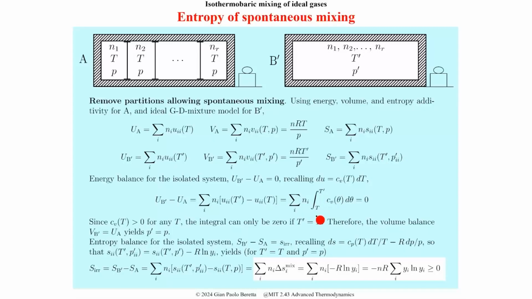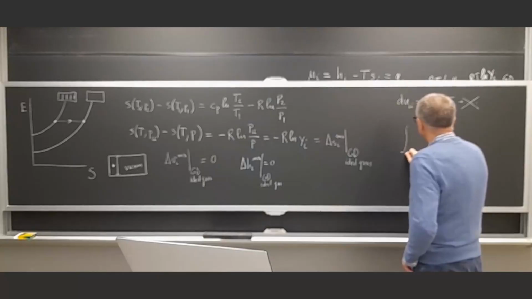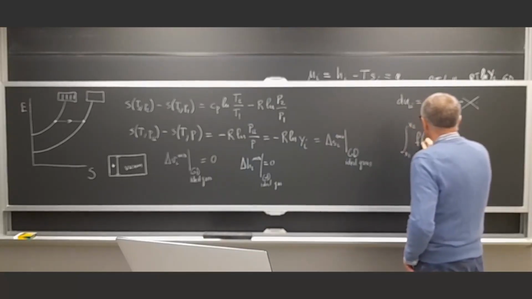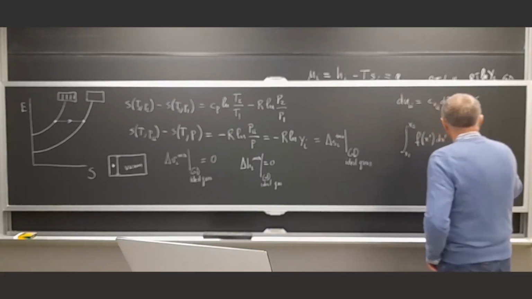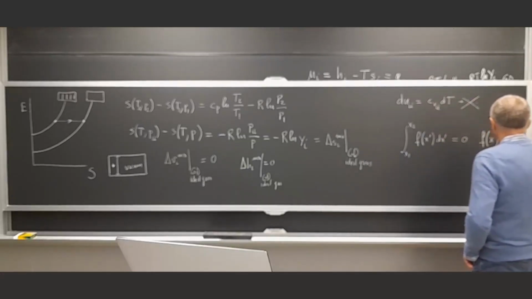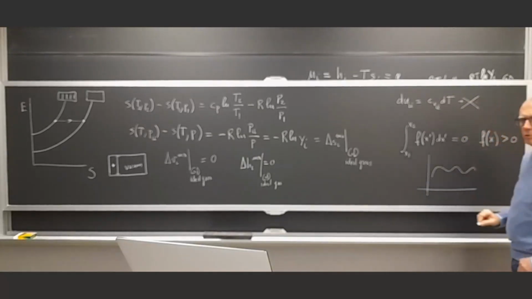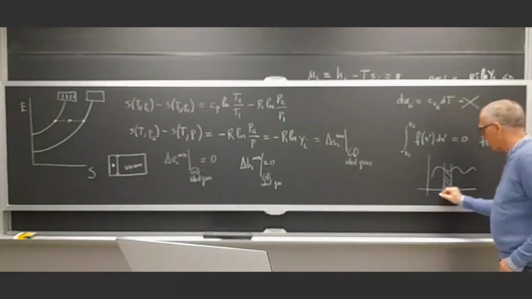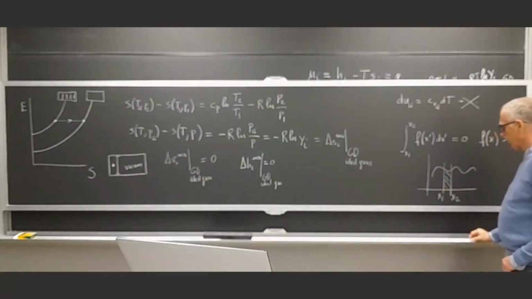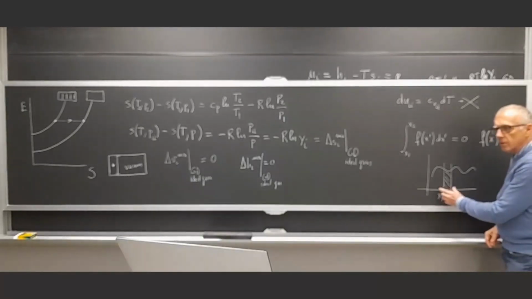So you can view this as an integral from, say, x1 to x2 of a function that has to be equal to 0, while this function is positive. So here's a positive function, and the integral is equal to this area, from x1 to x2. So if the function is positive and I want the integral to be 0, the only way is that the interval of integration must be 0.